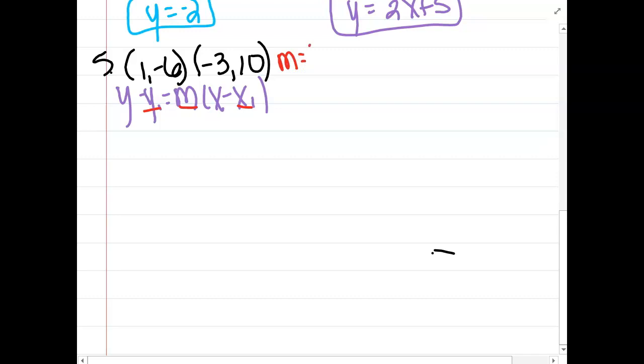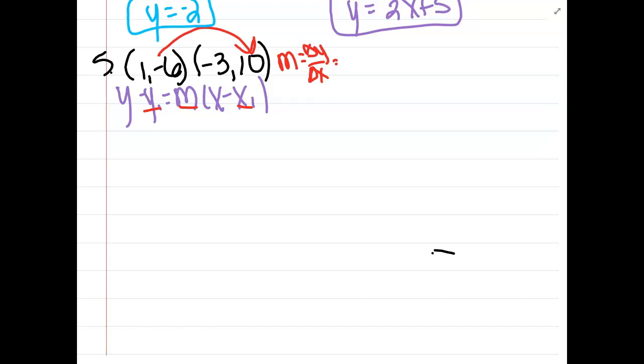Remember, to find slope, we do change in y over change in x. The change in y, this is a huge jump here from negative 6 to a positive 10, right? Anytime you go from a negative to a positive, especially if it's a huge jump, you might take a pit stop at 0. So negative 6 to 0, 0 to 10.